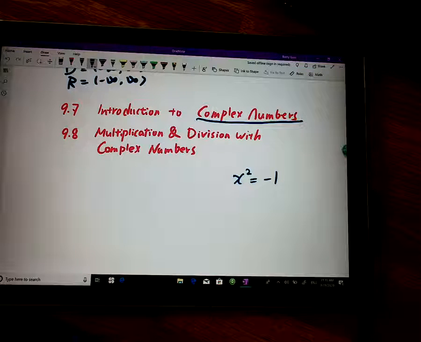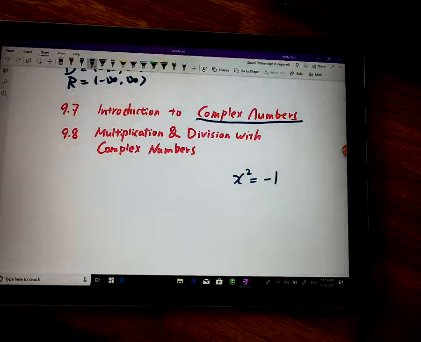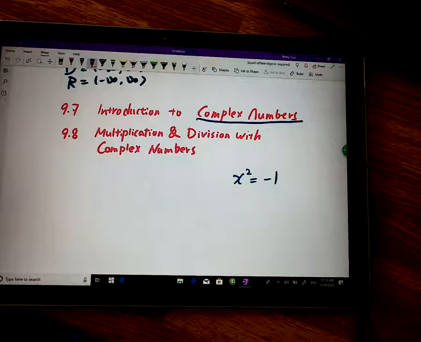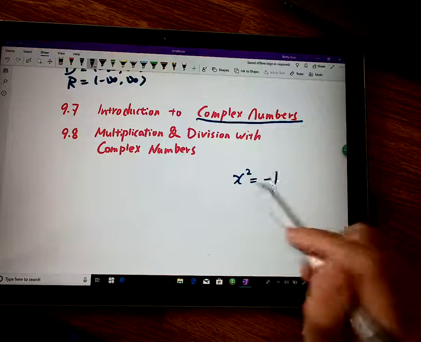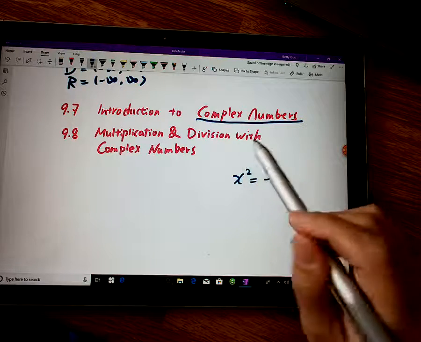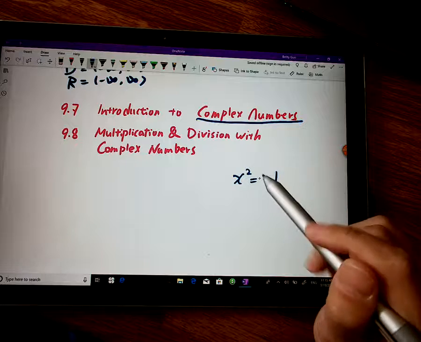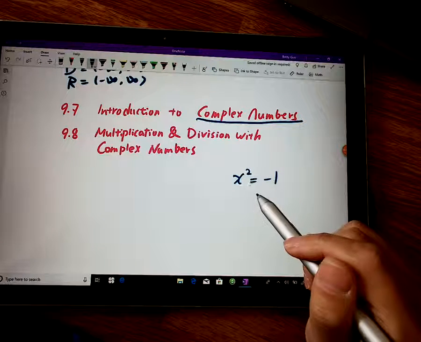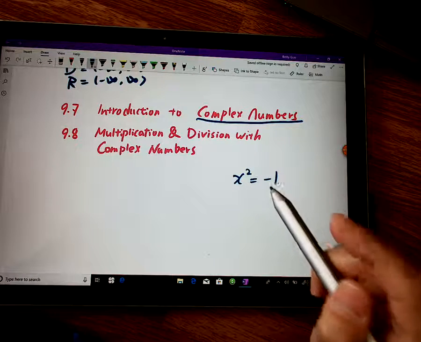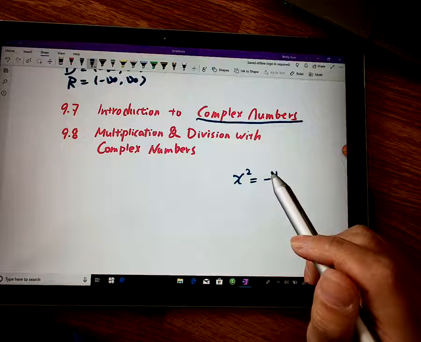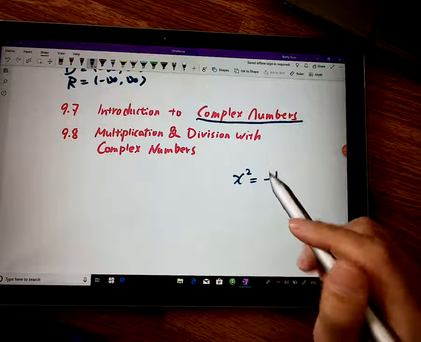Let me give you the definition for complex numbers. You can find it in the notes. In order to solve this equation, they bring in a little guy, the lowercase letter i.